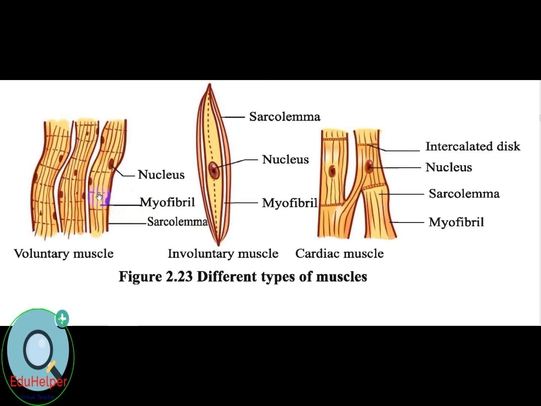The myofibrils are very fine contractile fibers, groups of which extend in parallel columns along the length of the muscle fiber. The myofibrils are made up of thick and thin myofilaments, which help give the muscle its striped appearance. Each myofibril consists of small protein filaments known as actin and myosin filaments.